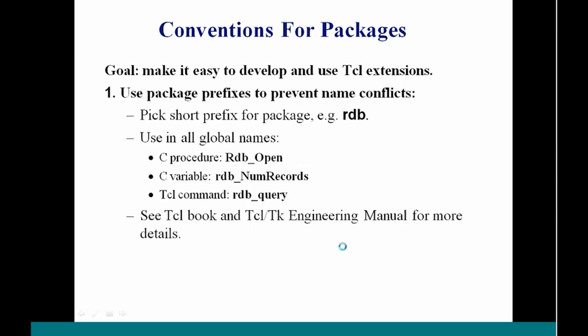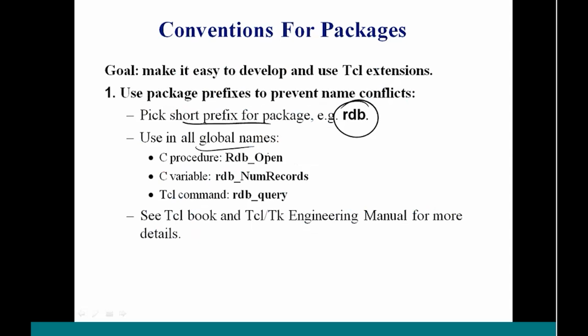So what are the conventions for defining packages in Tcl? One is that the goal is to make it easy to import and use Tcl extensions. We can use package prefixes to prevent name conflicts. So we pick a short prefix for a package, for example, RDB, and then we use it in all global names.